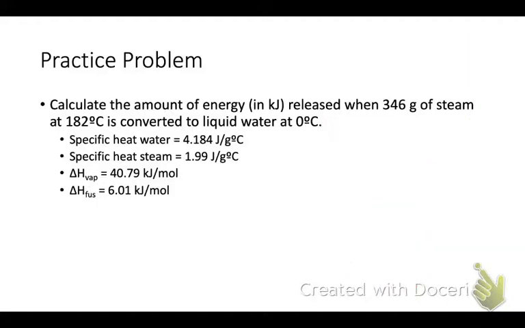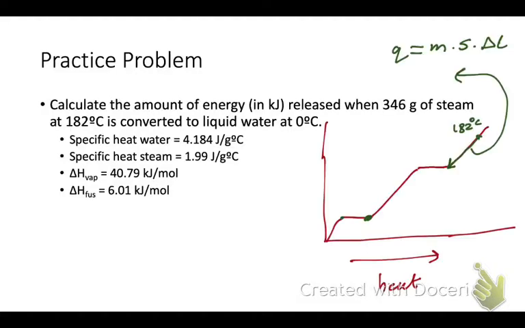And you are given the specific heat of the steam right here, right? And remember that the final temperature in your case here is 100. Then you're going to go from this point to this point with this horizontal line, and this is heat of vaporization.